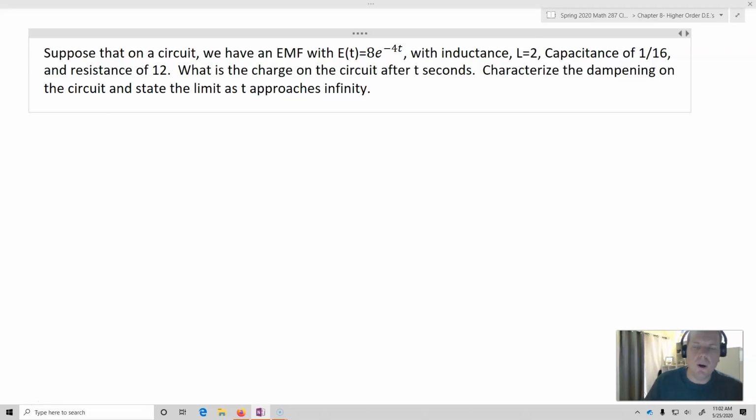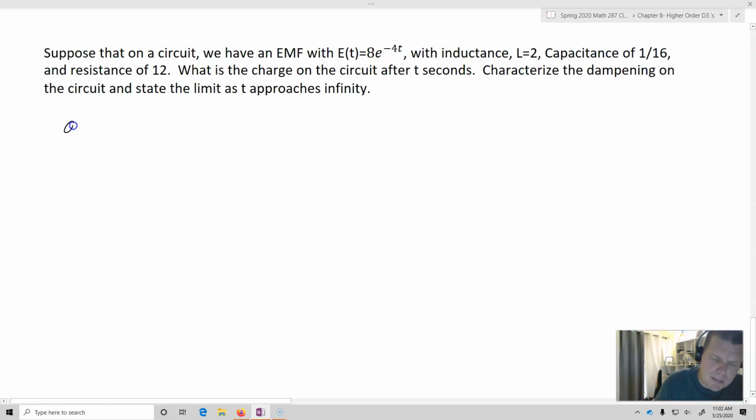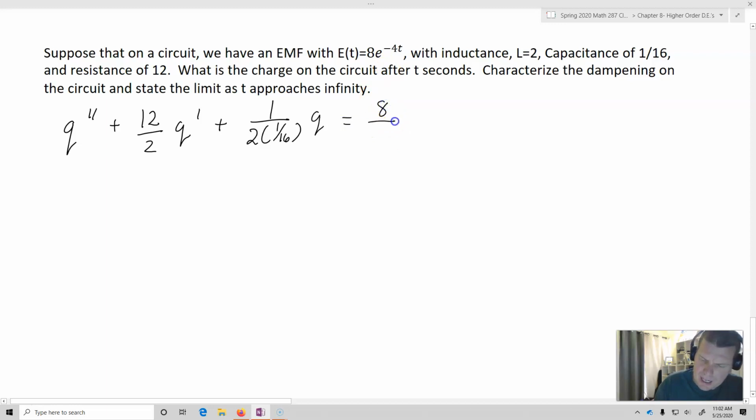Okay, so let's actually look at this. We're going to set it up. That means Q double prime plus R over L, so 12 over 2, Q prime plus 1 over LC, which is 1 over 2 times 1/16, Q equals E over L, so 8 over 2, e to the negative 4t.